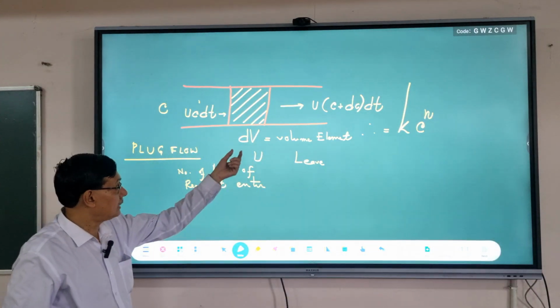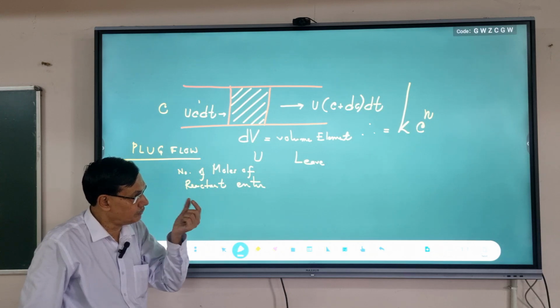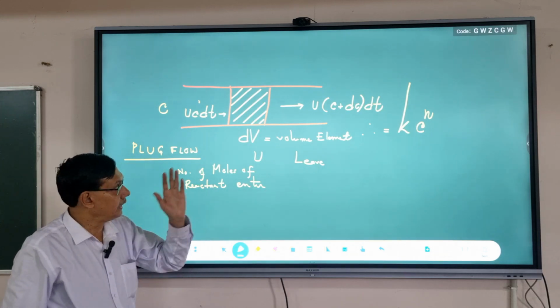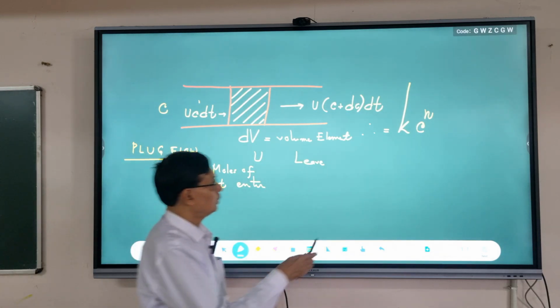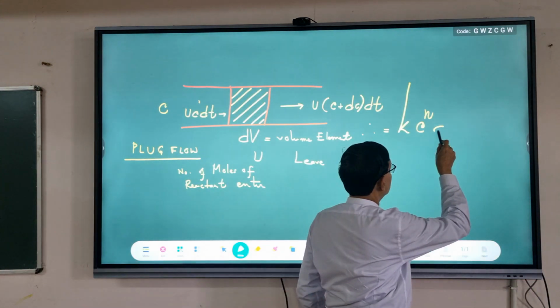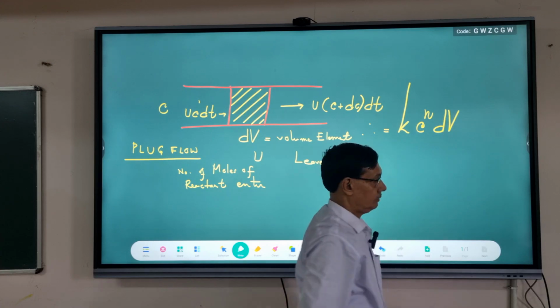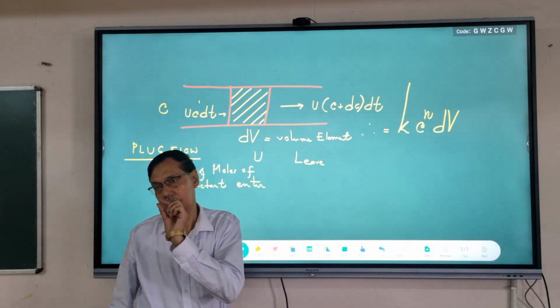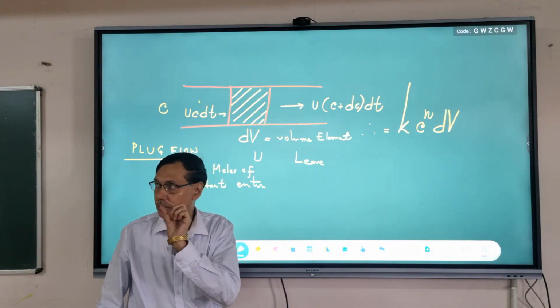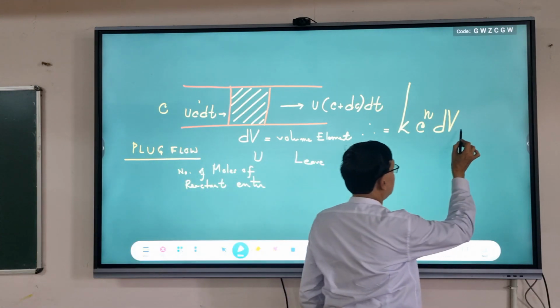But because we are concerned about the flow of this volume, the rate of conversion with respect to volume, I have written dV. That is the reactant disappearing.